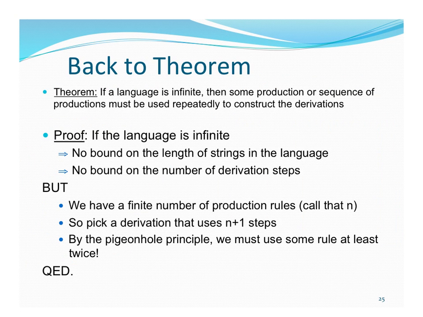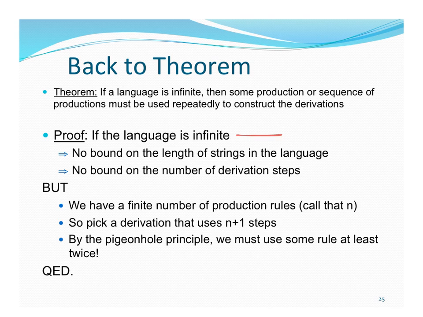If a language is infinite, then some production or sequence of productions must be used repeatedly to construct the derivations, okay? So here is a somewhat loose but reasonable version of this proof. I'm not going to ask you to do proofs like this, but just to give you a feel, okay?